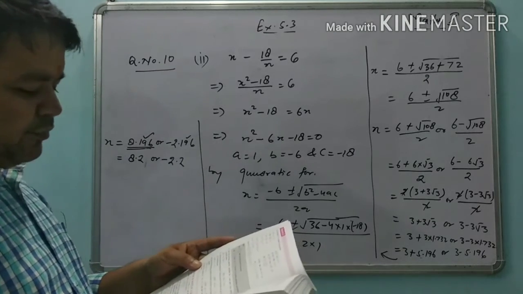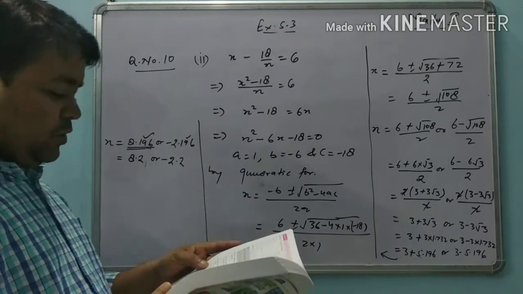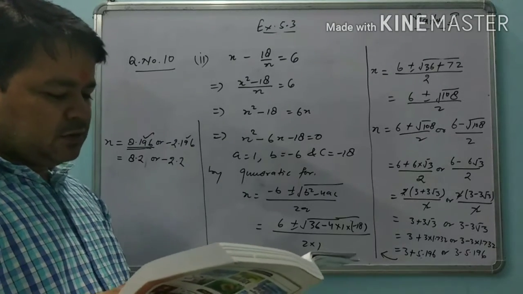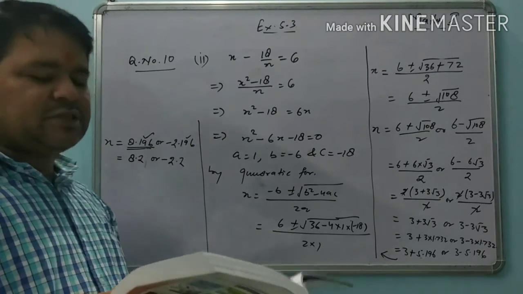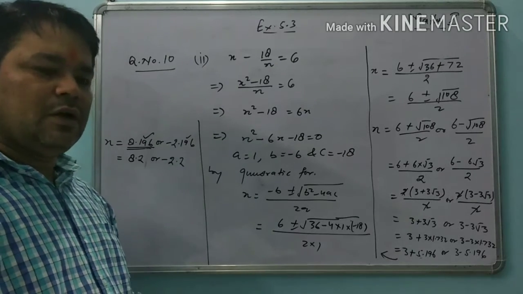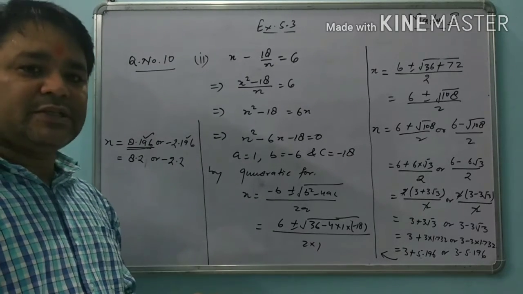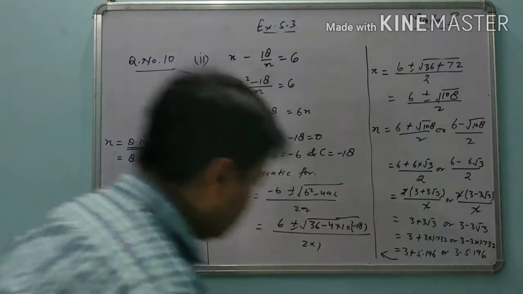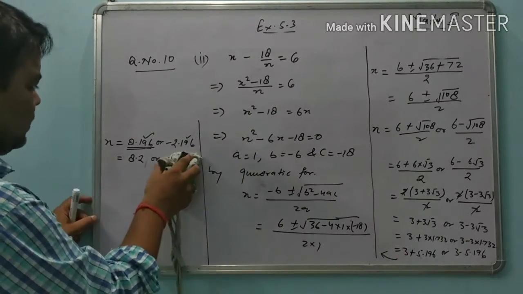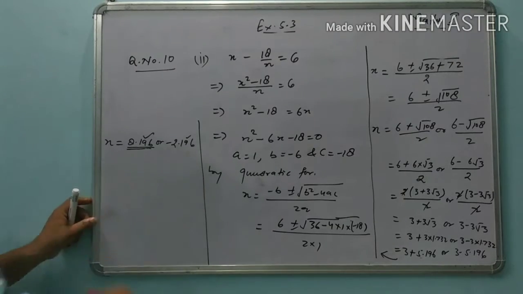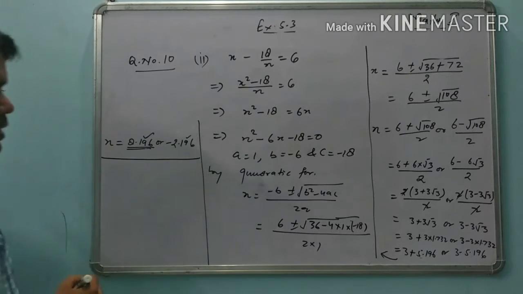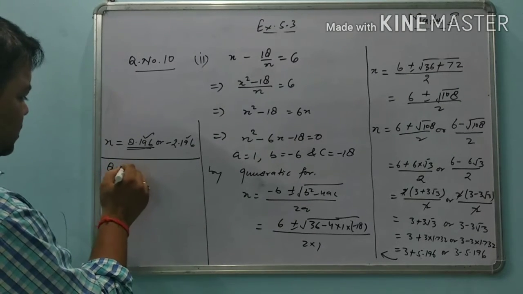So similarly, here also we try to solve with the help of the quadratic formula, and here we take three significant figures. Again, the question is how we take the three significant figures. I will try to explain how we take three significant figures. Okay. This is question number 11.